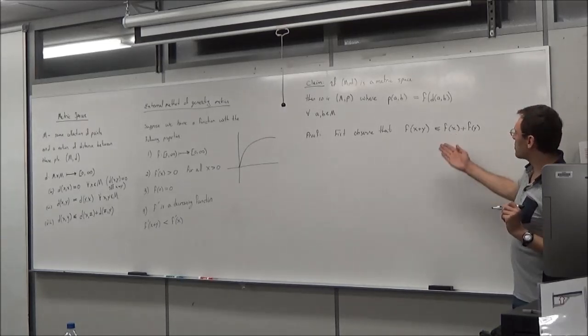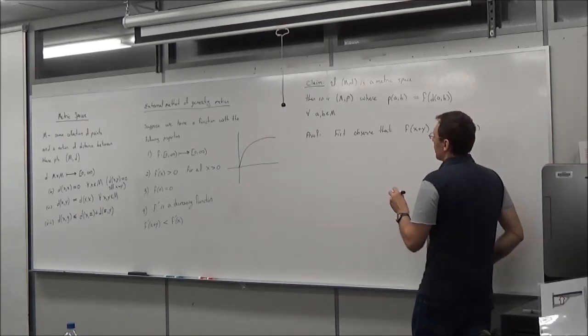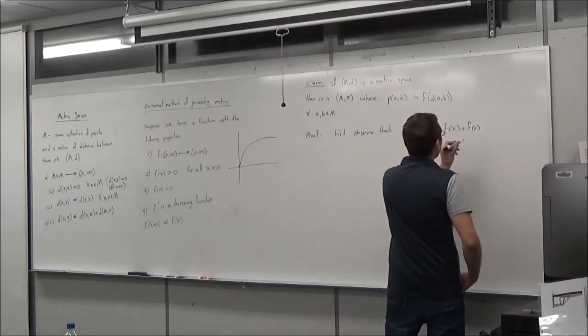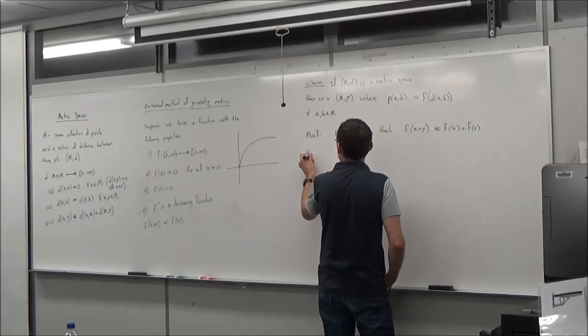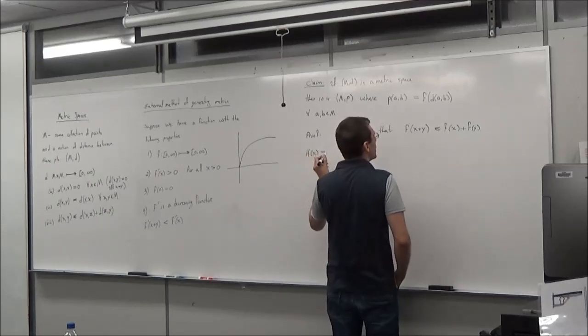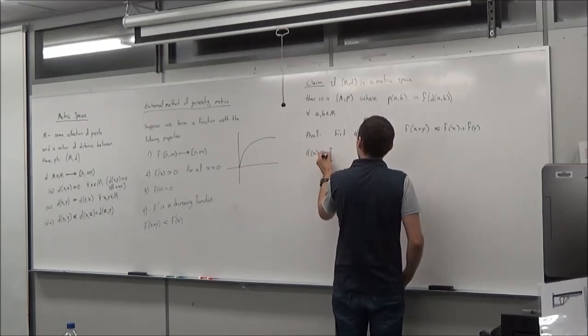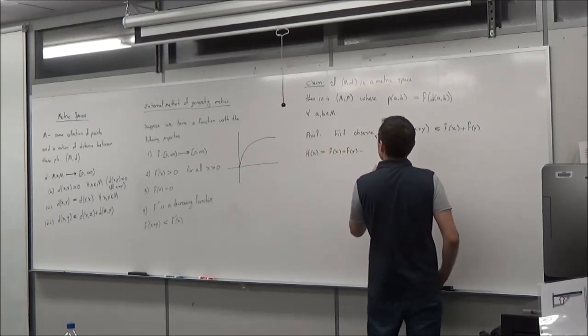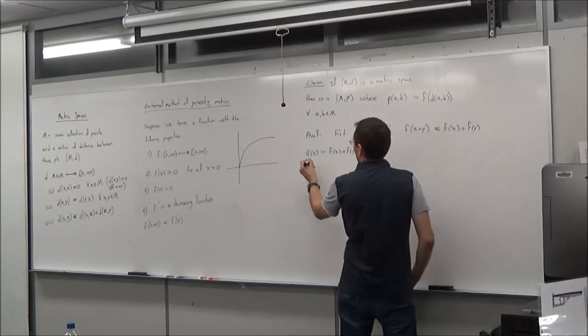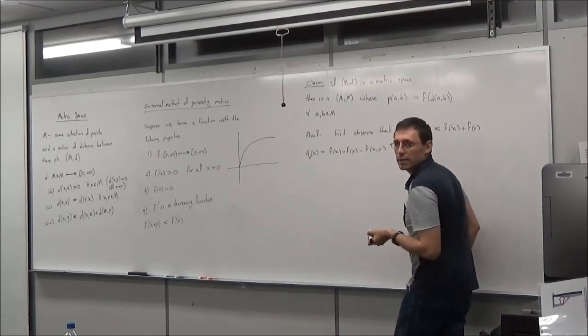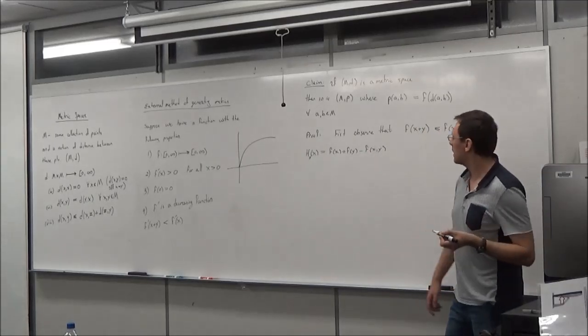Okay? Observe that this is going to be true. Now why is it going to be true? Well, you can just simply consider the function h of x to be equal to f of x plus f of y minus f of x plus y. So this is h sub y if you really want to indicate, right? y is being fixed here. Okay?